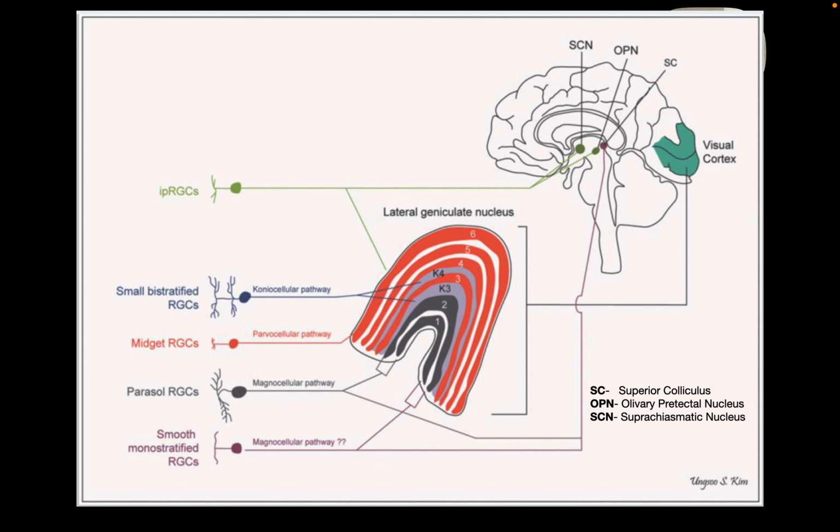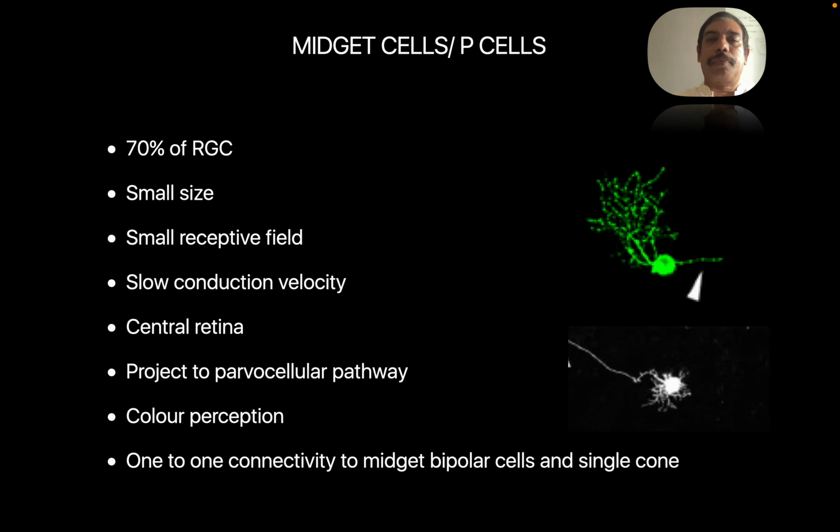This is the representation of the different types of retinal ganglion cells and their representation through different pathways. It has a koniocellular pathway, parvocellular pathway, and a magnocellular pathway. Also, it has something called the melanopsin containing intrinsically photosensitive retinal ganglion cells.